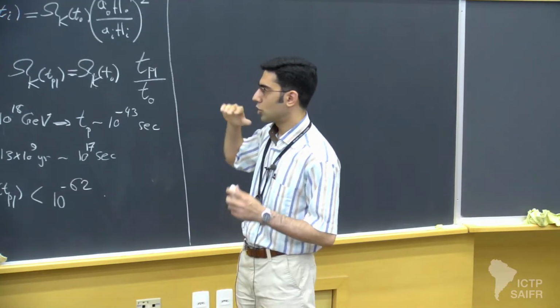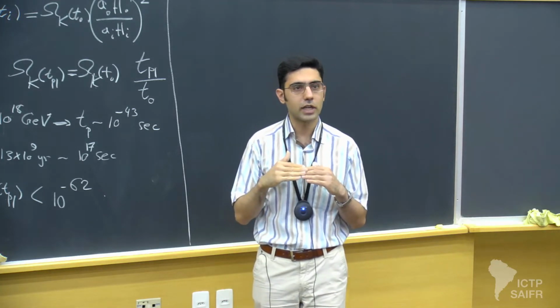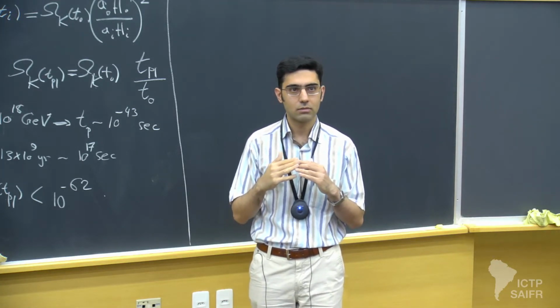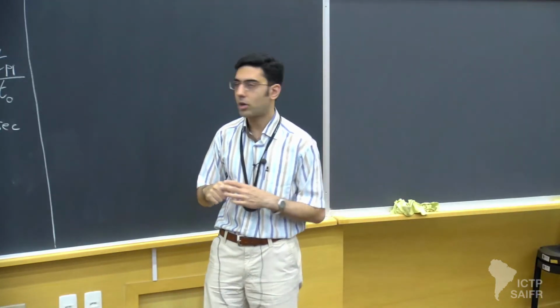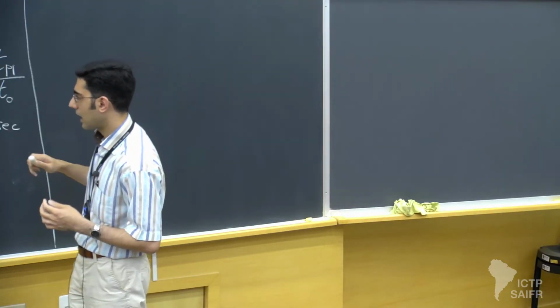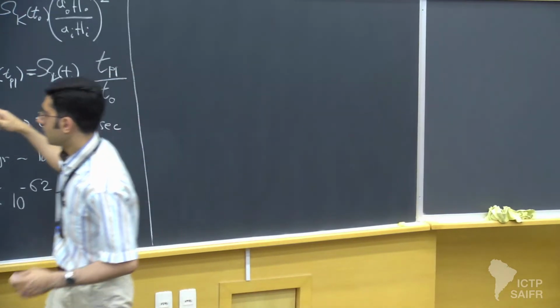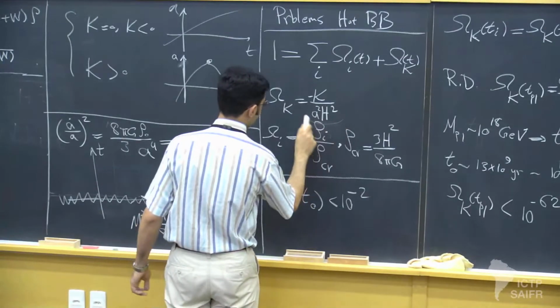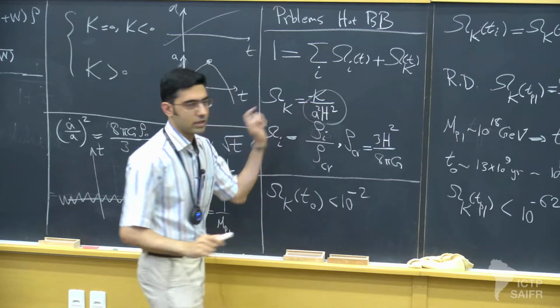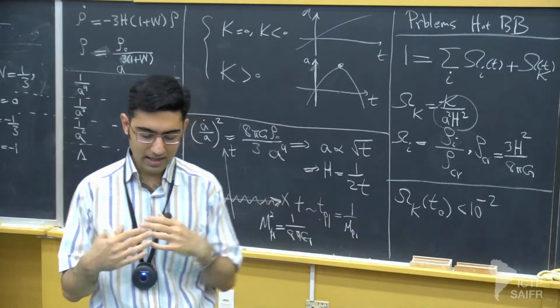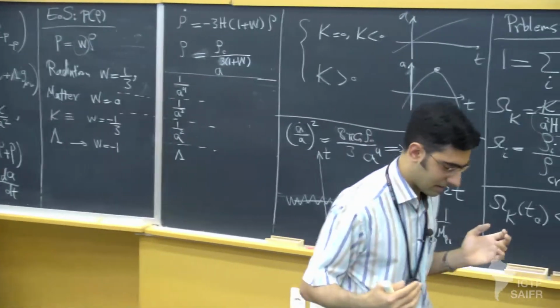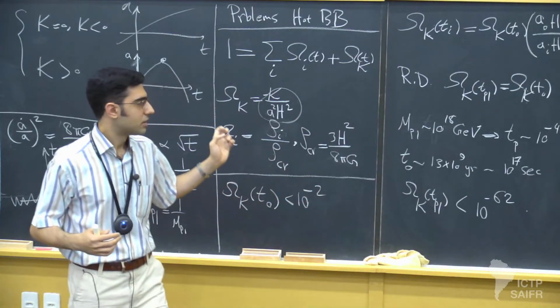There are two qualitatively different regimes that you can imagine. The two regimes are the ones in which this factor, a squared h squared, we are going to see it also in a different situation.